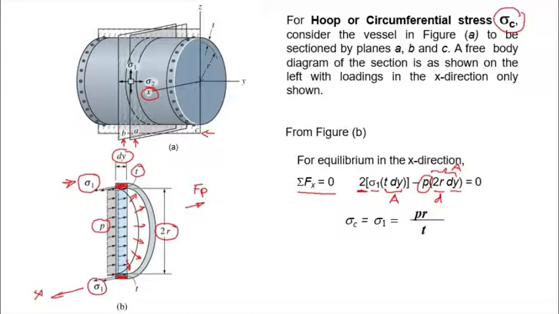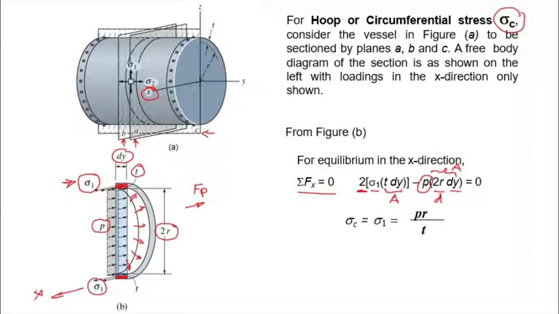If we simplify this equation, what do we do? First, you can divide both sides of the equation by dy, then you can eliminate dy. Then you are left with 2 sigma 1 t equal to P times 2r.